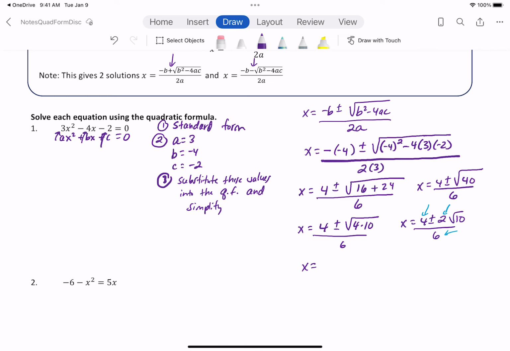In the numerator, I have a 4 and a 2, and they have a common factor of 2, so I'm going to factor that out, and that will leave me with 2 plus or minus the square root of 10 over 6. And then we can cancel these two, leaving me with x is equal to 2 plus or minus the square root of 10 over 3 for my answers.